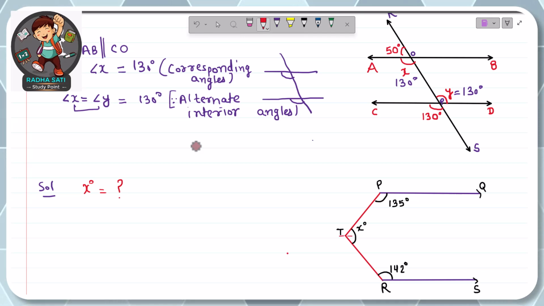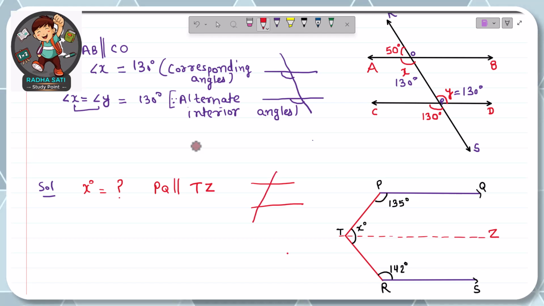So if we draw a parallel line from the center like this, I'm drawing by rough hands. So you can see now, let's name it TZ. So if PQ is parallel to TZ and this PT is a transversal, then you can see this, and this is the transversal.